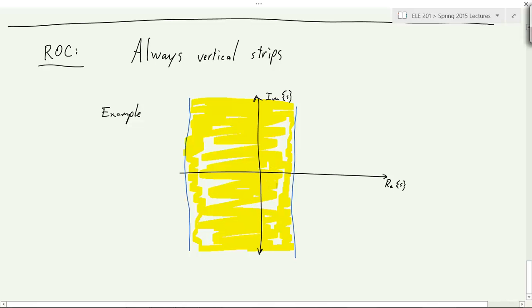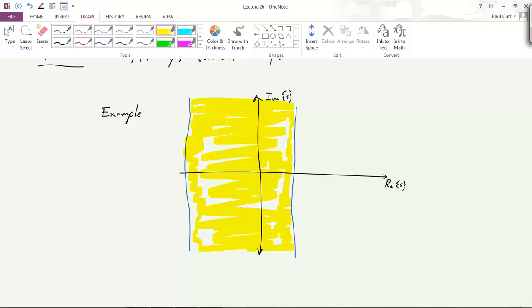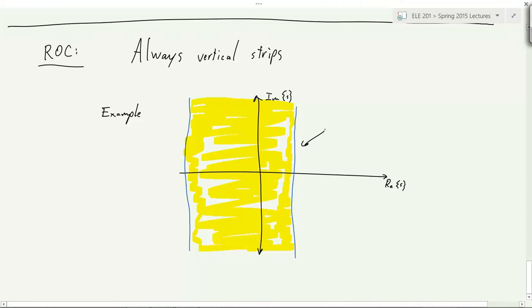Okay, so that's the form of the region of convergence. It's always just going to depend on the real part of s. Now, it doesn't always have each of these boundaries. So the left or right boundary might not always be present.